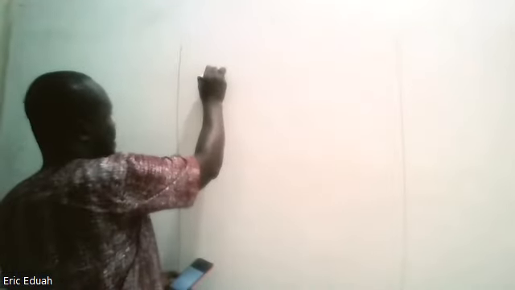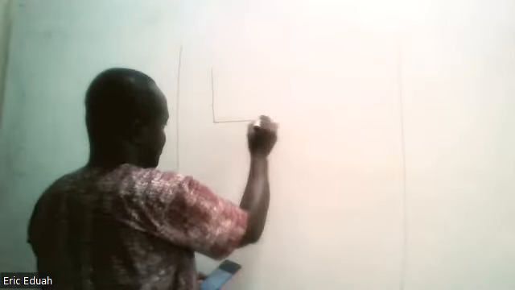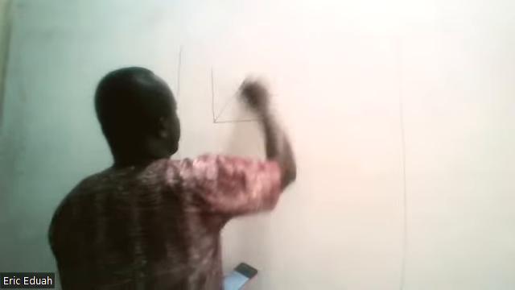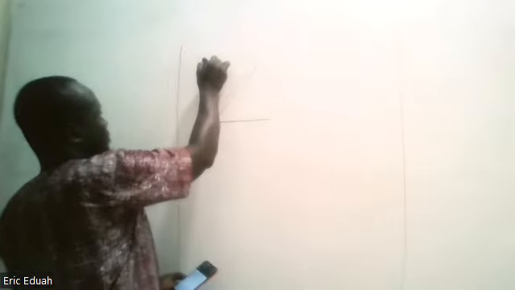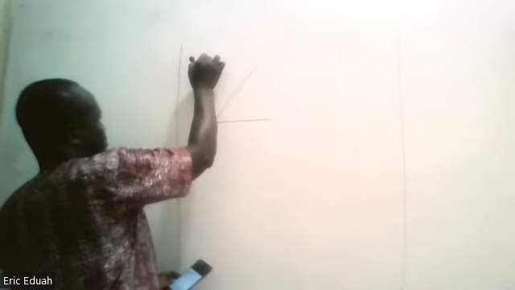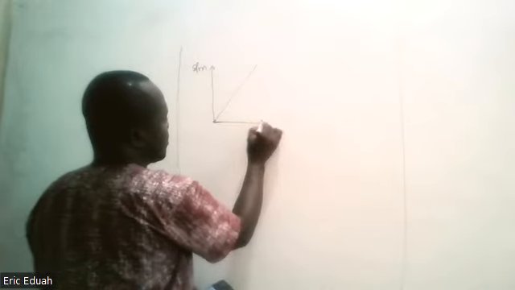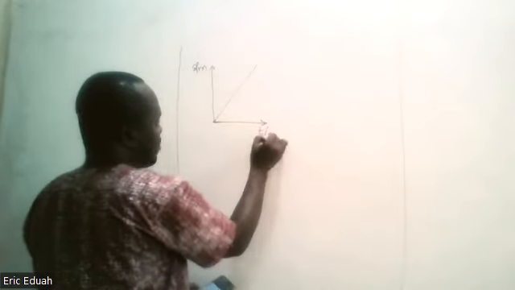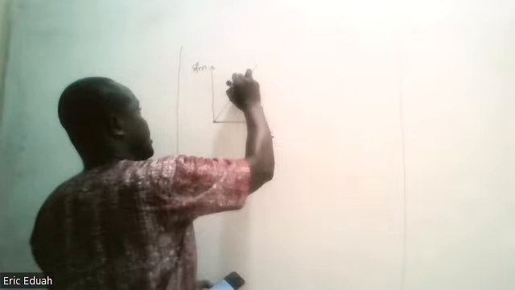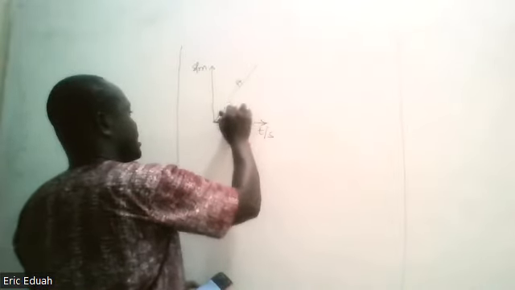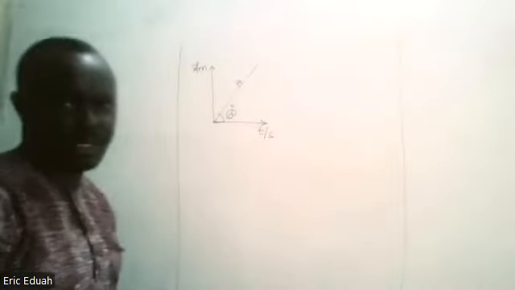So the diagram to that effect is: the first one is a displacement-time graph. So this is A. A is inclined at an angle of 60 degrees to the time axis.